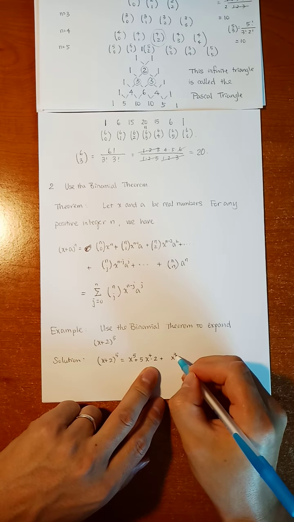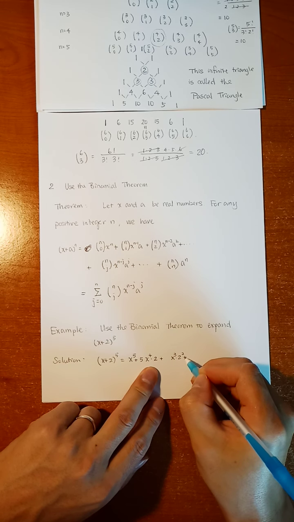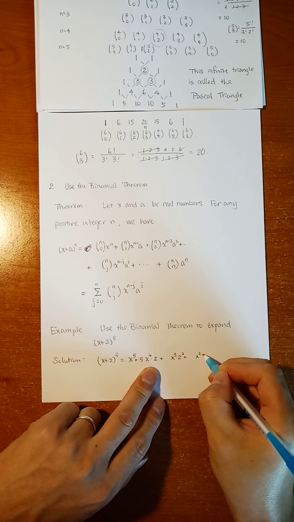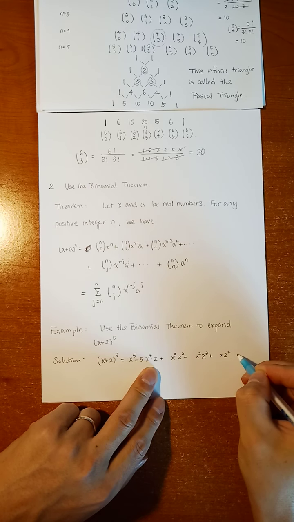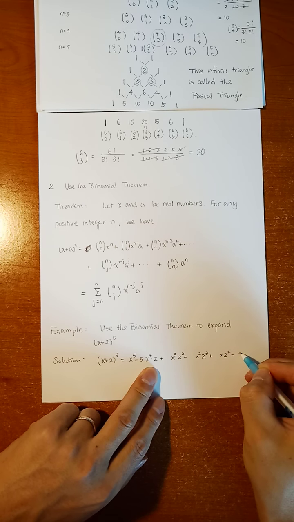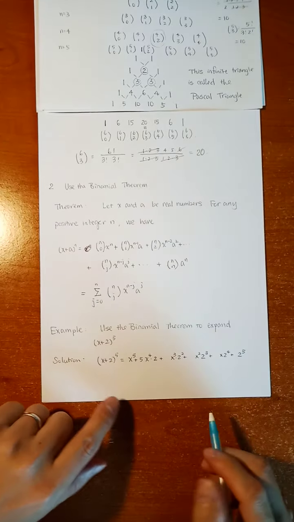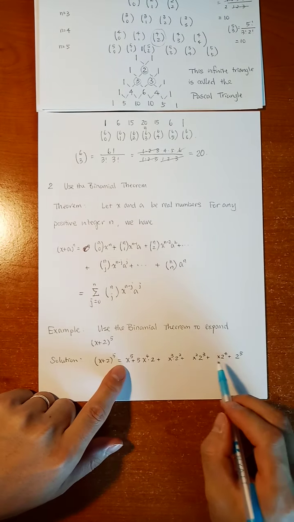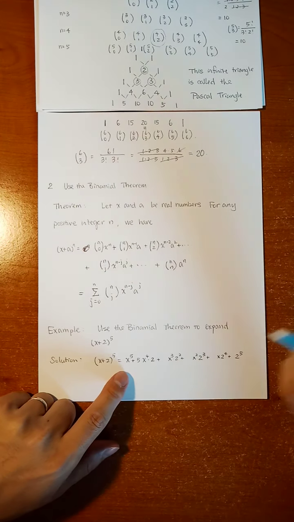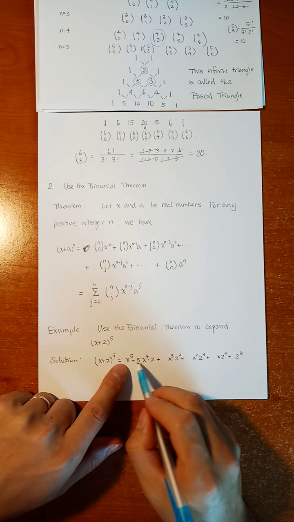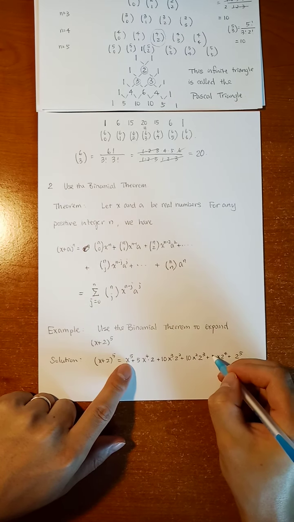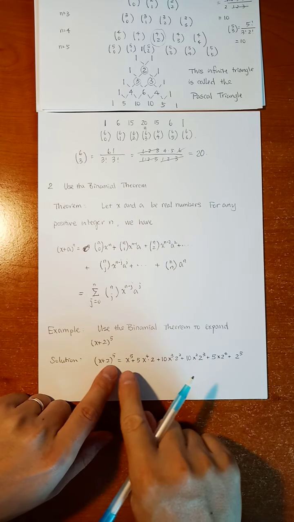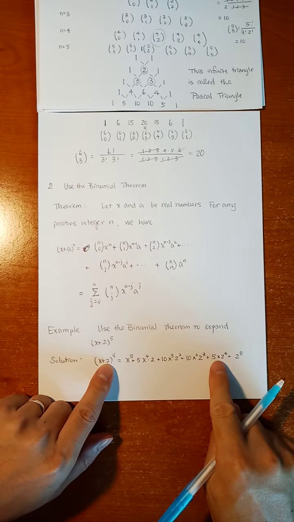Then you have x cubed times 2 squared, x squared times 2 cubed, x times 2 to the 4th power, and 2 to the 5th power. That's the term: x to a certain power times a to a certain power. And here the coefficients are 1, 5, 10, 10, 5, 1.